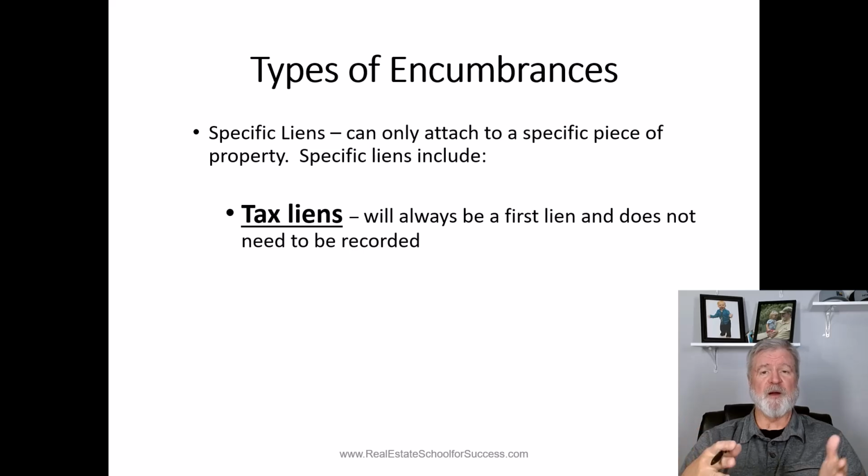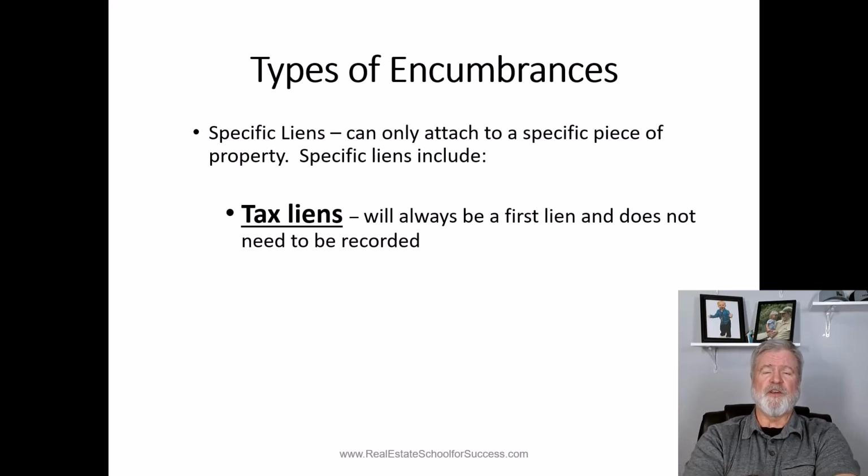They're going to take the property, sell it, and hopefully when they sell it, it will sell for enough to pay off all the liens that are filed against that property. And if it does, then we're good. Okay, at least in that respect we are.